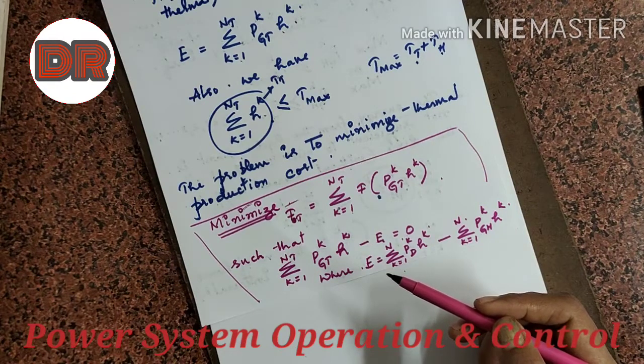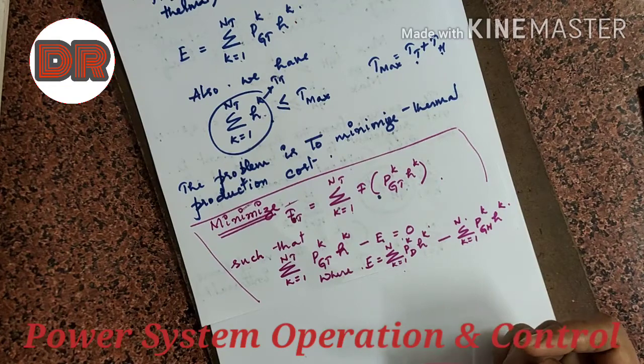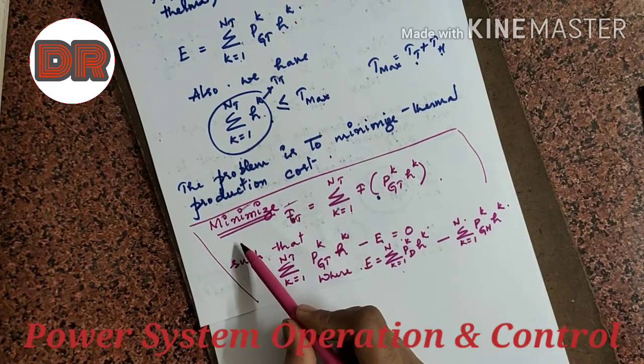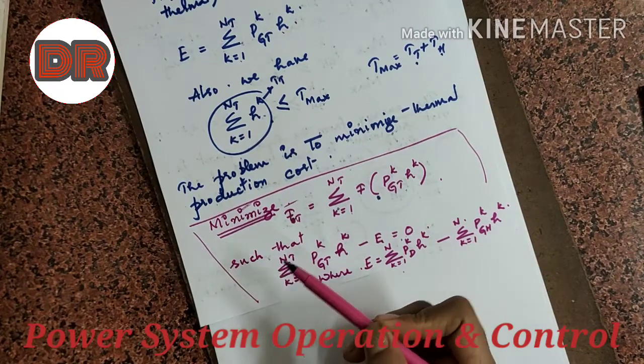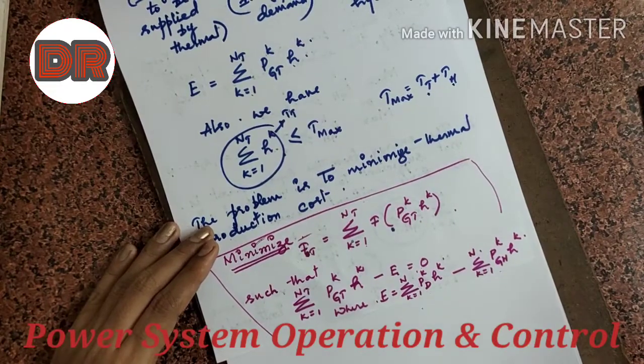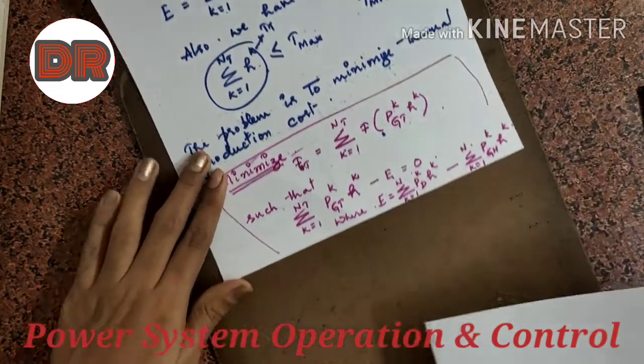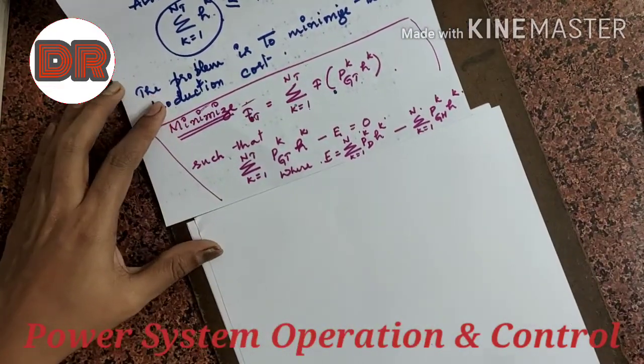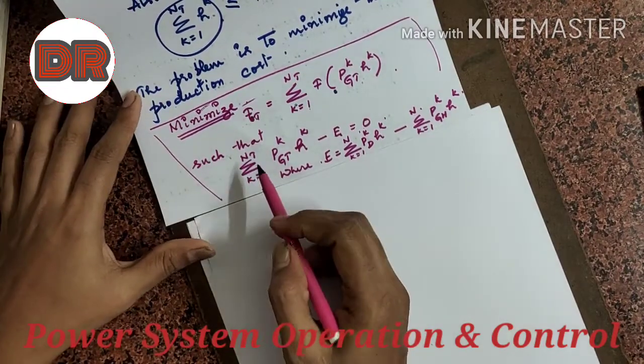So in mathematical optimization, the method of Lagrangian multipliers is a strategy for finding local maxima or minima subject to a constraint. So we can now write the Lagrangian function for this mathematical model.